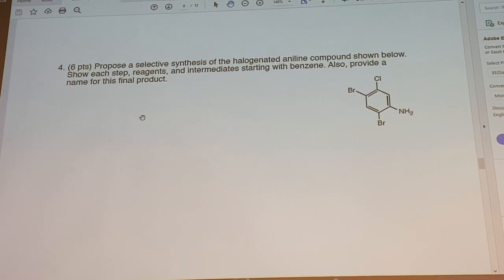So you'd want to nitrate benzene first, then do meta chlorination as a nitro group, then reduce to the aniline using hydrogenation, hydrogen, palladium, or HCl tin, and then bromine, okay, with FeBr3. So that one looks tricky at first, but if you try it and start doing some things backwards, you'll see how it maps right on to nitrobenzene.